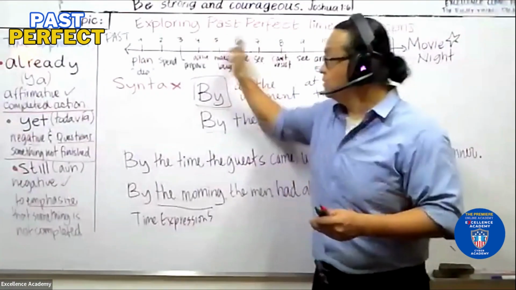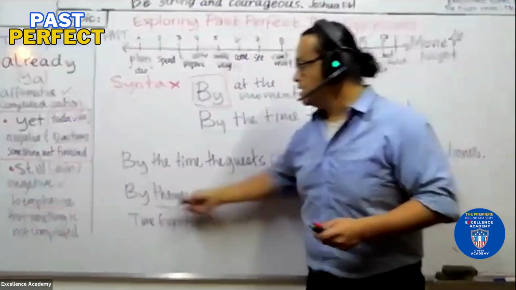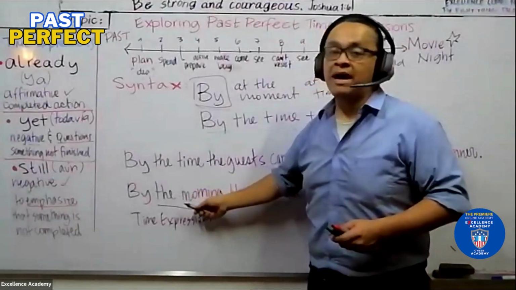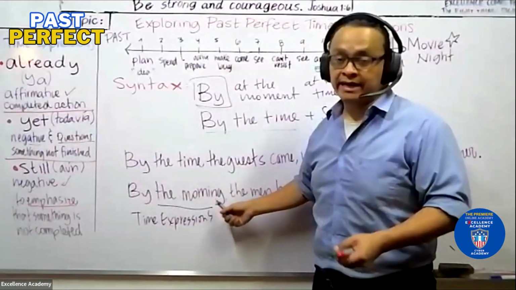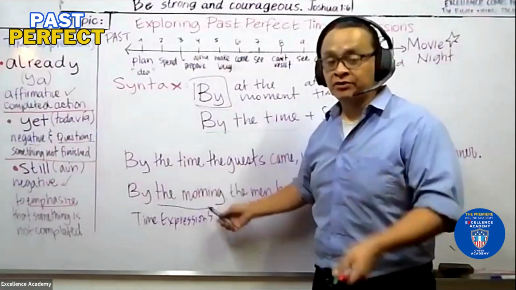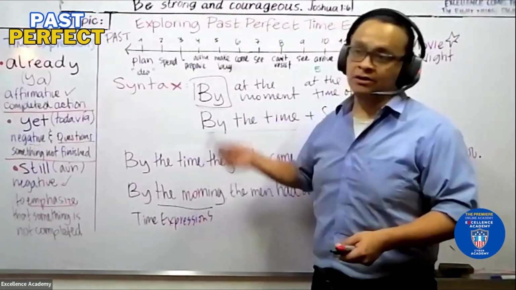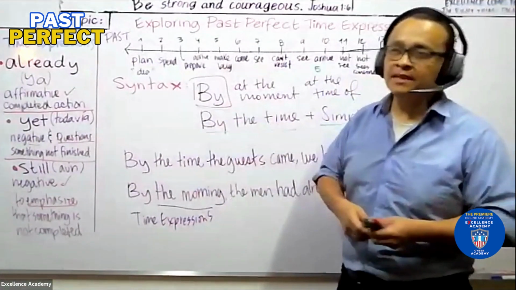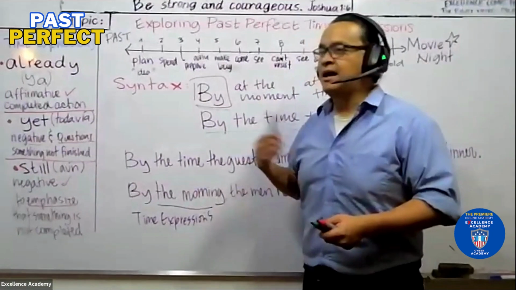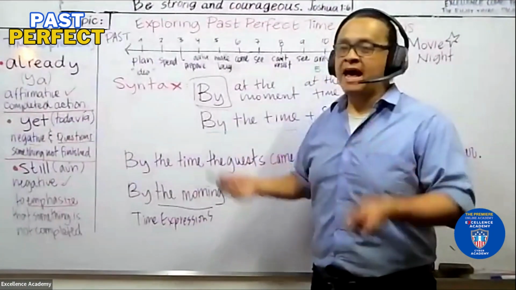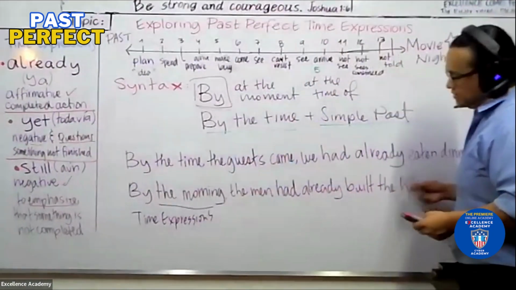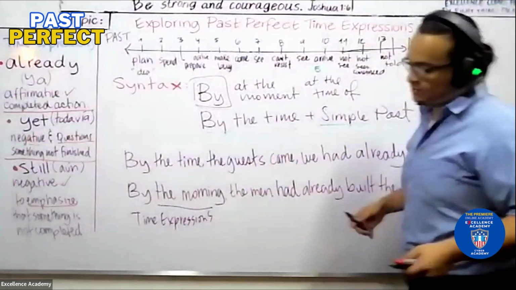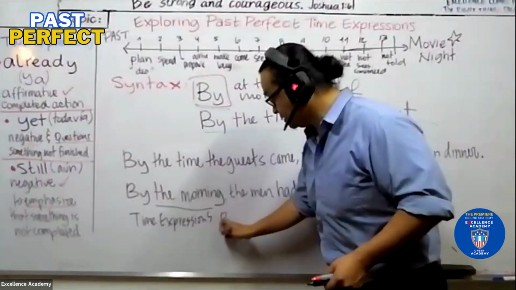We put a point in time. So by the morning, by the weekend, by the afternoon, by the year 2017, Facebook had already acquired WhatsApp. Okay, so that's just one that came right now.